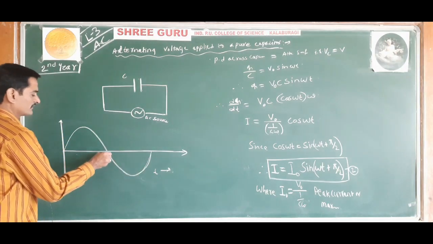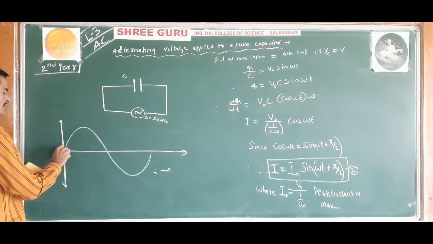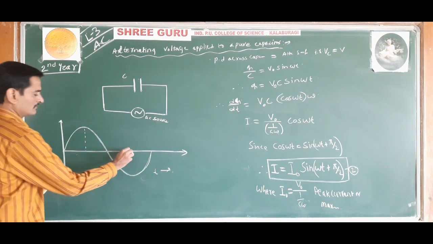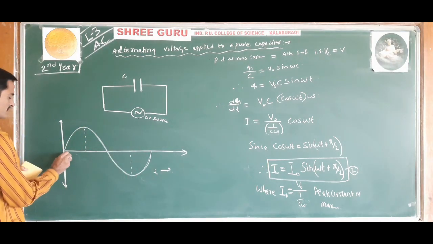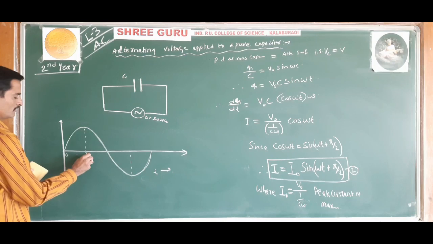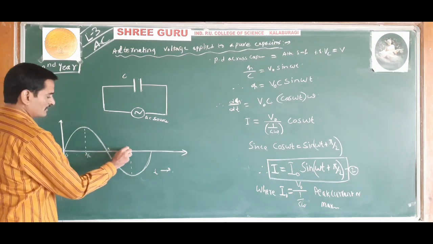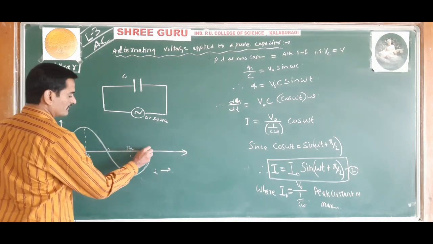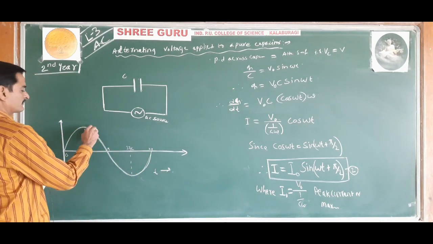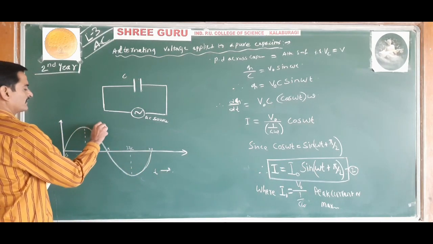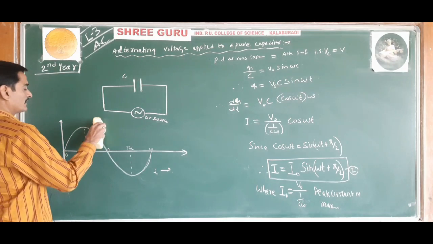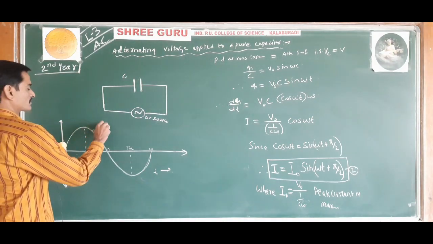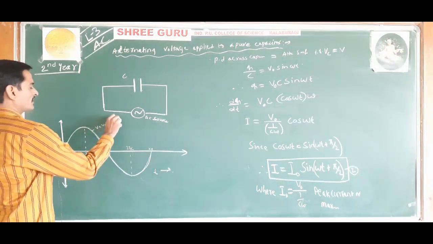That is the sinusoidal voltage V equal to V naught sin omega t. So this is at 0, this is at pi by 2, this is at pi, this is 3 pi by 2, and this is 2 pi. This is for the applied AC voltage, V equal to V naught sin omega t.